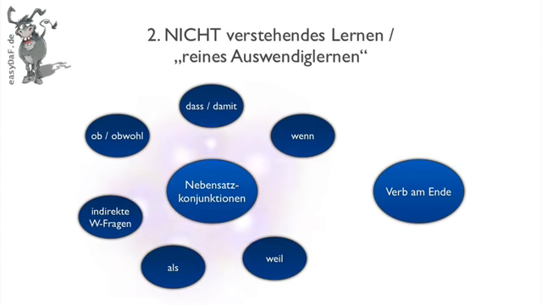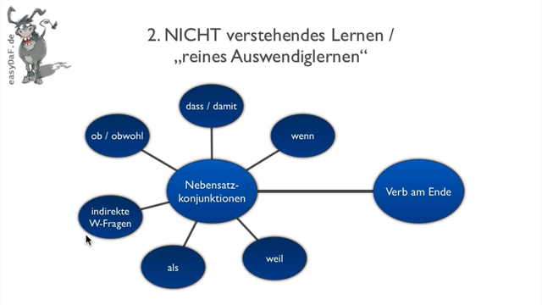You also already know this set of images. You've learned that in German we have so-called subjunctions, which you see here. I repeat them for you again. This is weil, so because in English, als is as, indirekte W-Fragen is indirect questions.